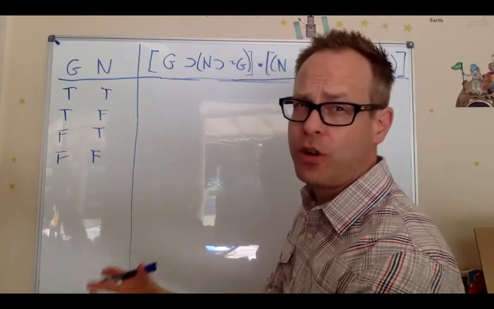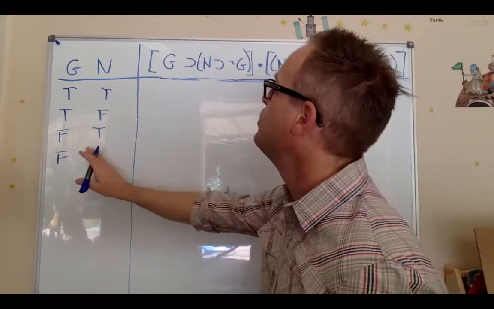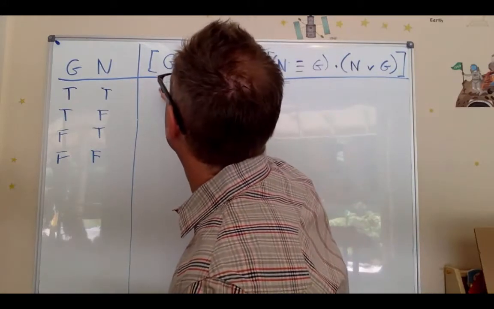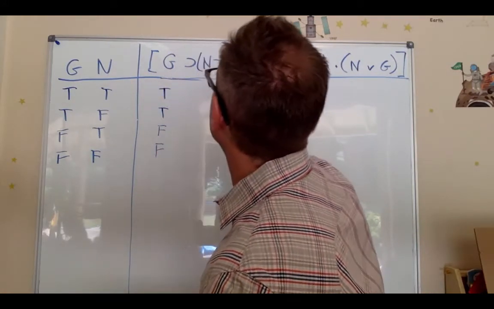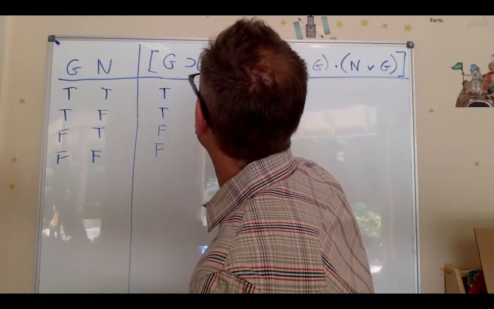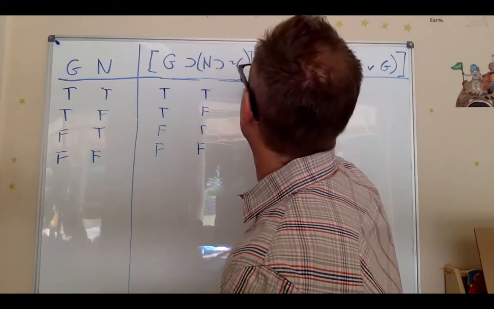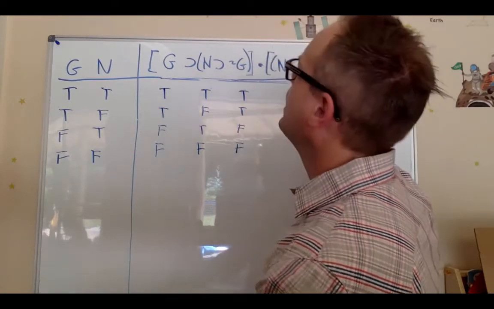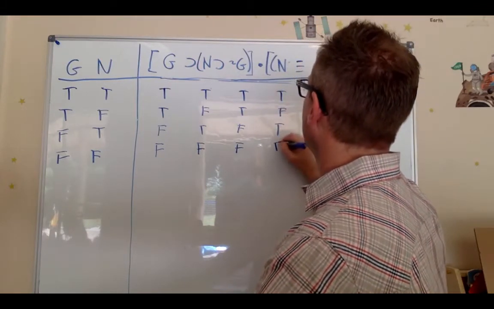Remember, truth tables always start the same way. Never, ever just feel like you have to leave it blank. Move over all those values and start working. So here we go. I'm going to go true, true, false, false, and true, false, true, false. And then true, true, false, false. And then true, false, true, false.